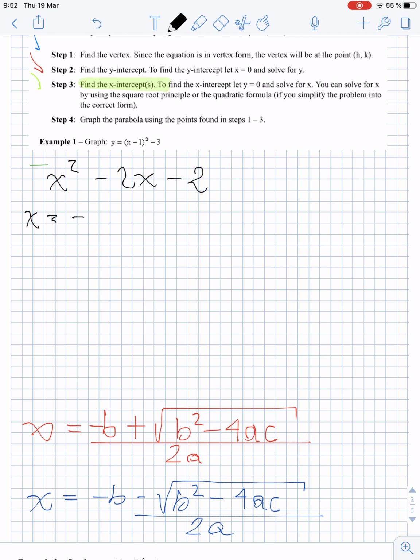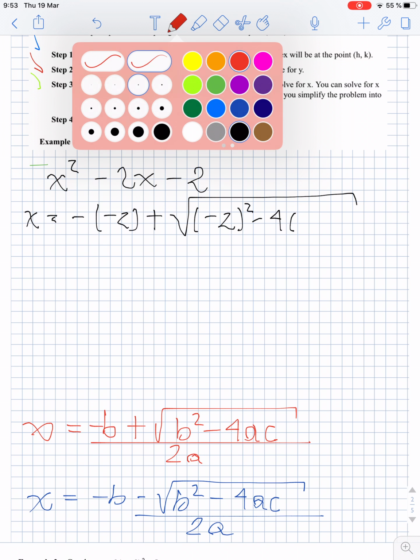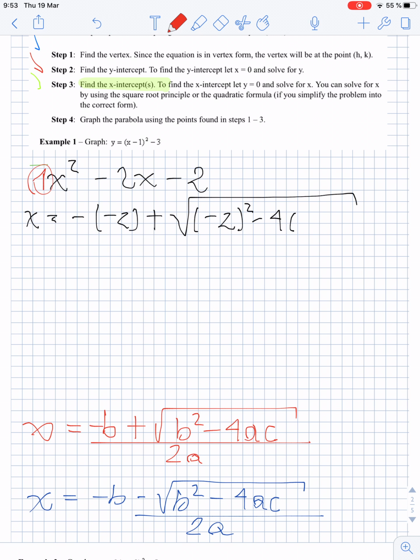X equal minus minus 2, that is b, plus square root of minus 2 to the square minus 4 times a, but a is equal to 1. Remember, when you don't have a number, is 1. Times the value of c, that is minus 2. And all of this divided by 2 times the value of a, that is 1.